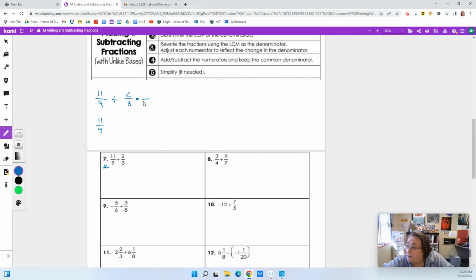So if I multiply 3 times 3, I get 9. But I can't just multiply the denominator times 3, right? I also have to multiply the numerator times 3. And the reason for that is, what is the fraction 3 over 3? What does it equal?